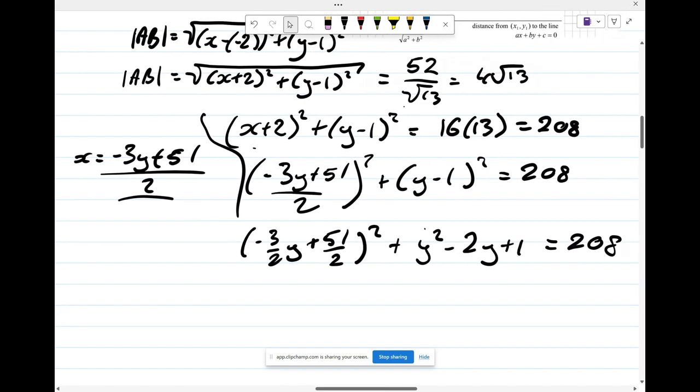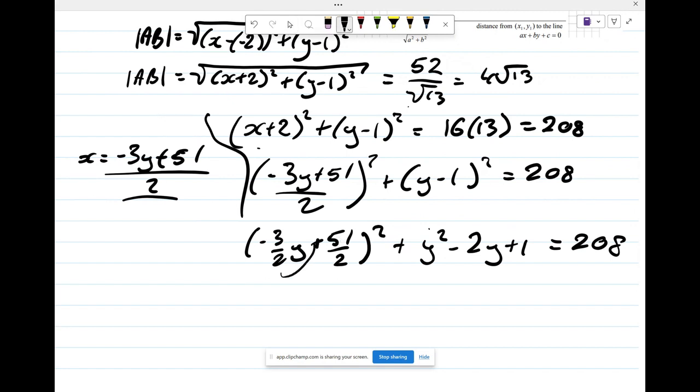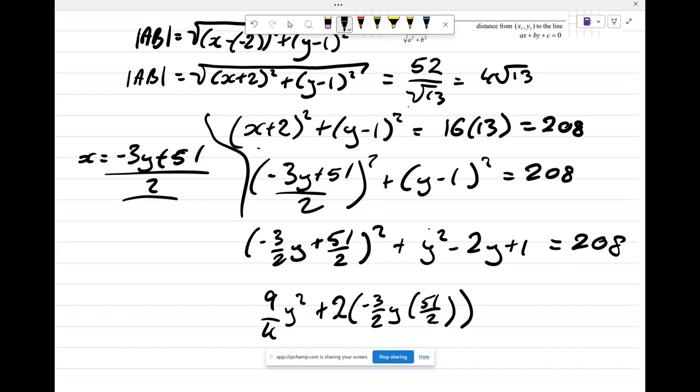Then we're going to square this here. We square the first: (-3/2) squared is 9 over 4, and then don't forget the y squared. Then 2 times the product, so that's -3/2 y times 51/2. And then we square the last, so that's 51 squared over 4.